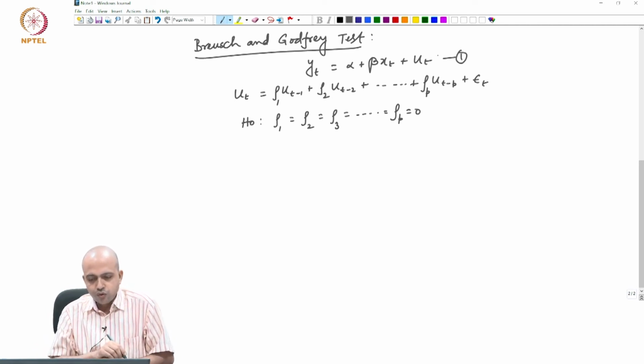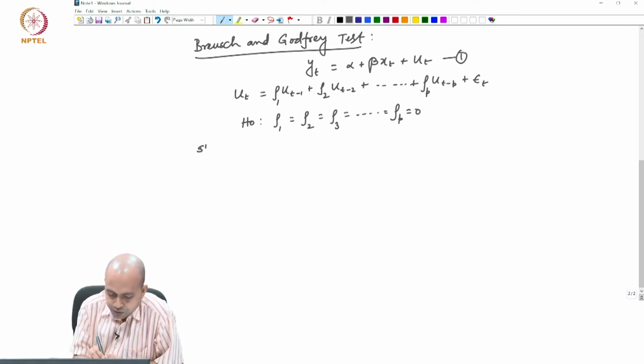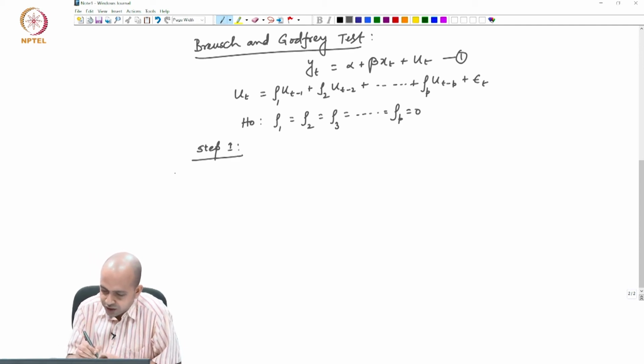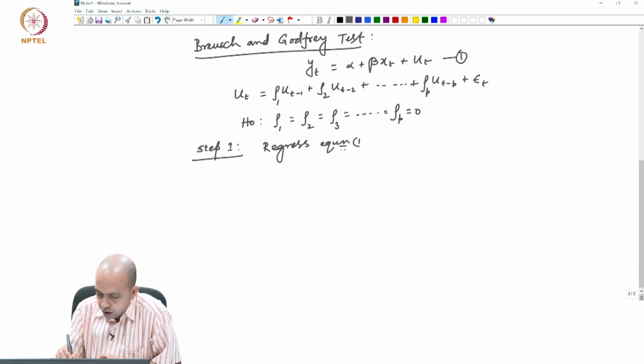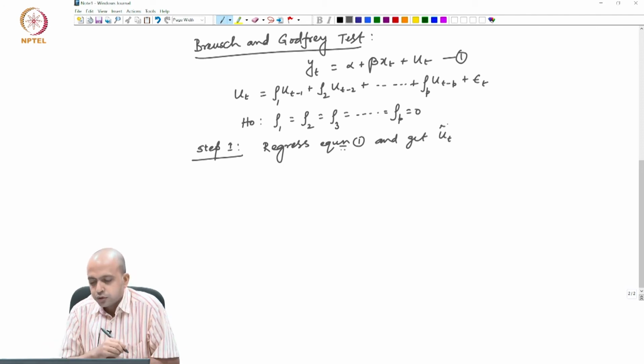All right. Now, what are the steps for this Breusch-Godfrey test? There are certain steps. In step 1, you just regress equation 1 and get ut hat.